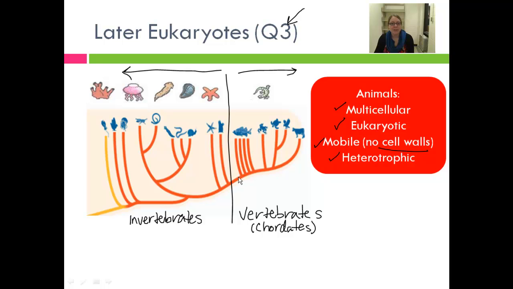Now, what's really interesting to note is that invertebrates make up almost all of the animal kingdom. In fact, they make up about 95% of all animals, which leaves vertebrates only 5% of the pie.